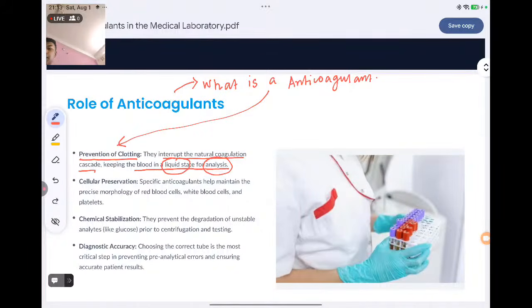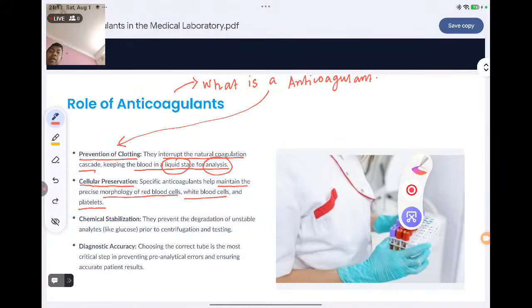Anticoagulants also help in cellular preservation so that we can study the morphology of red blood cells, white blood cells and platelets.